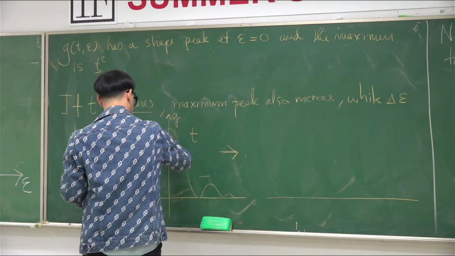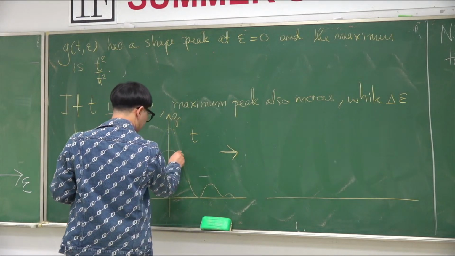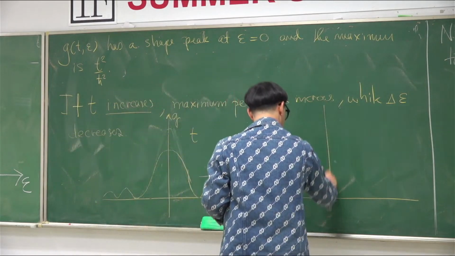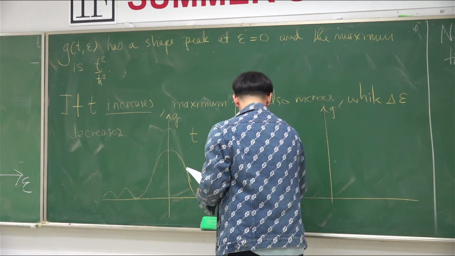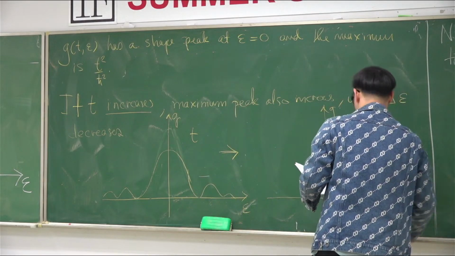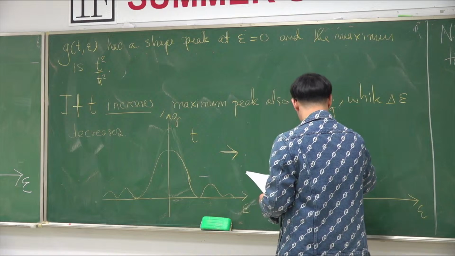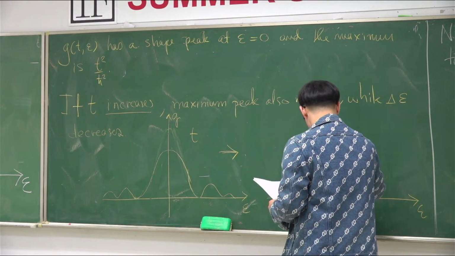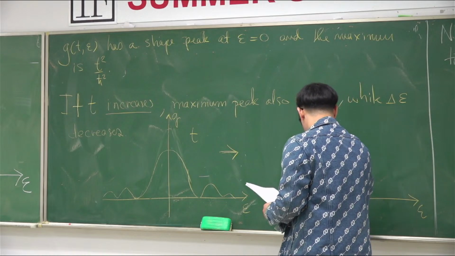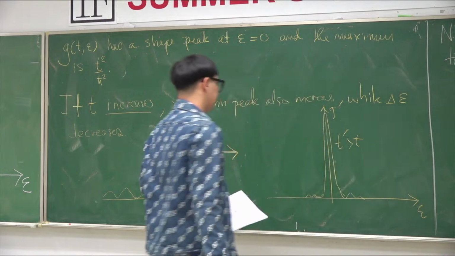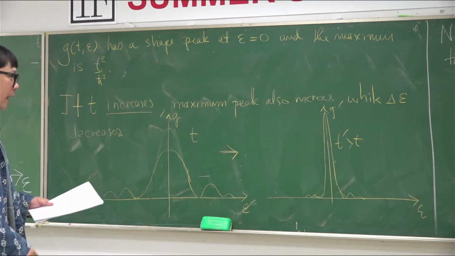I'm going to put this here because otherwise I don't have space to draw. Epsilon. So you get a peak, which is actually getting higher in this way. Okay, that's what will happen.